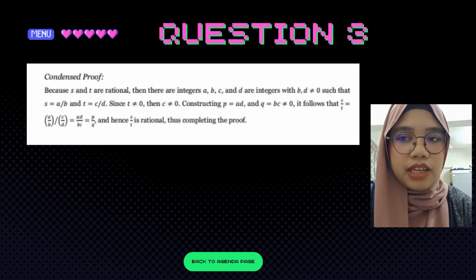Constructing P equal to AD and Q equal to BC isn't equal to 0, it follows that S over T equal to A over B over C over D, which is AD over BC and equal to P over Q. Hence, S over T is rational, thus completing the proof and our analysis of proof and our conclusion itself.